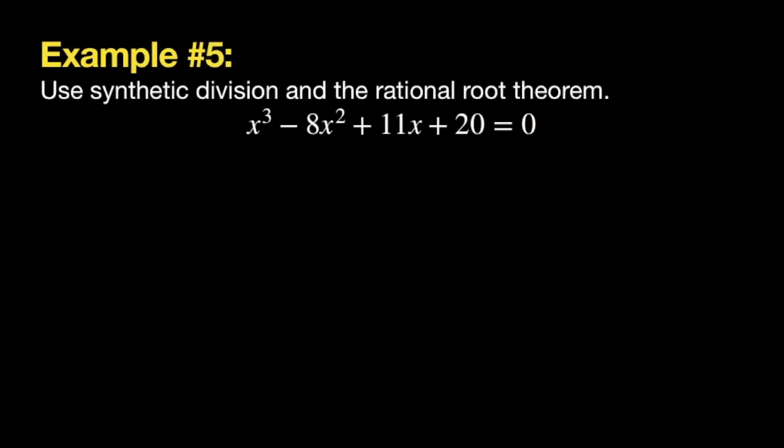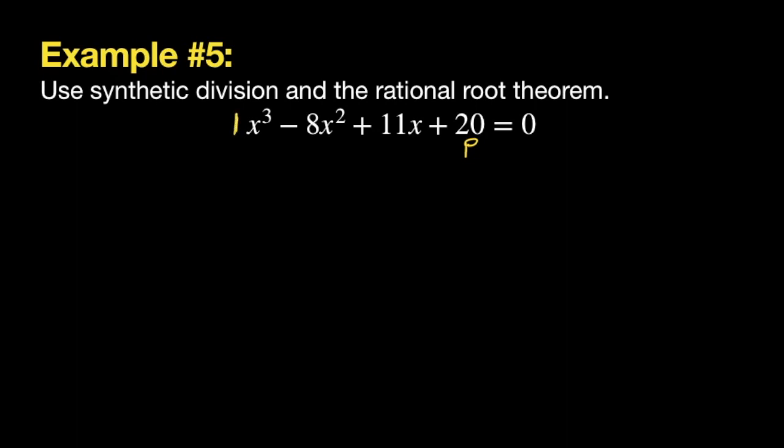For this problem, we're going to be using synthetic division and the rational root theorem to solve for the polynomial. That's why it's equal to 0. So what we're going to do first is identify our P and our Q. So our P is going to be 20 and Q is going to be the coefficient in front.